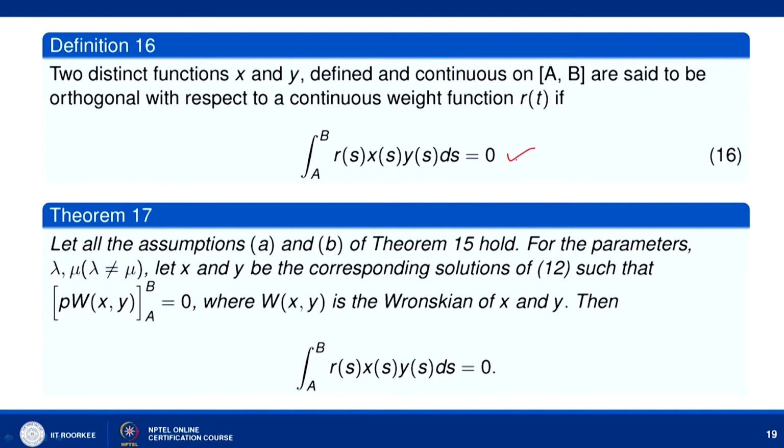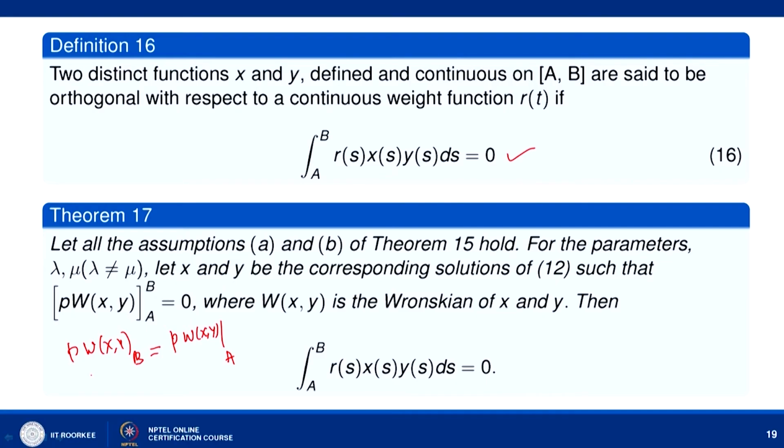Basically it is p W(x, y) given at b minus p W(x, y) given at a, so the two are the same. Then we say that the integral from a to b of r(s) x(s) y(s) ds is equal to 0.